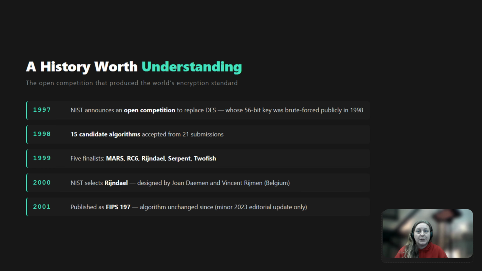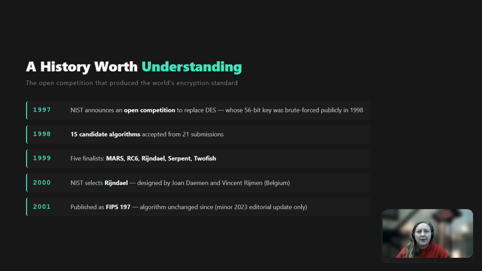21 algorithms were submitted. 15 were accepted as candidates. After years of public cryptanalysis, the field narrowed to 5 finalists: Mars, RC6, Rijndael, Serpent, and Twofish.